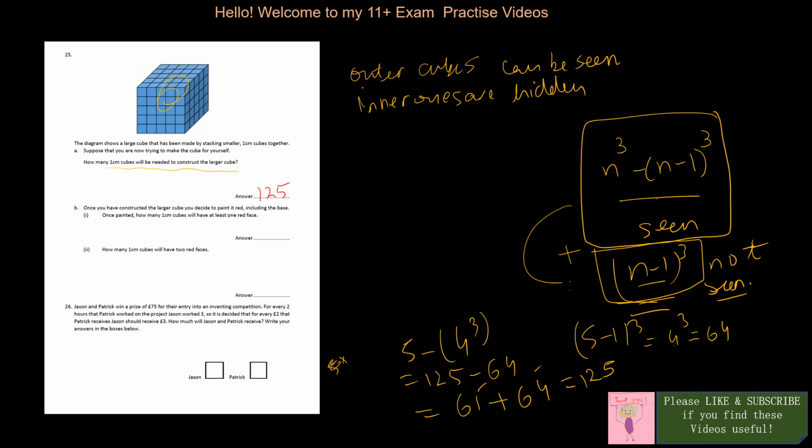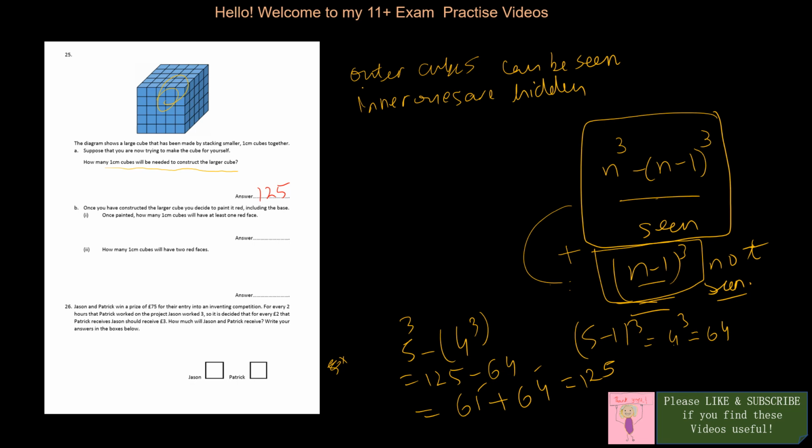So that is n, here 5. So we had 5 cube minus 4 cube. We have 5 minus 1 is 4 cube. So 5 times 5 is 25, times 5 is 125, minus 4 times 4 is 16, times 4 is 64.